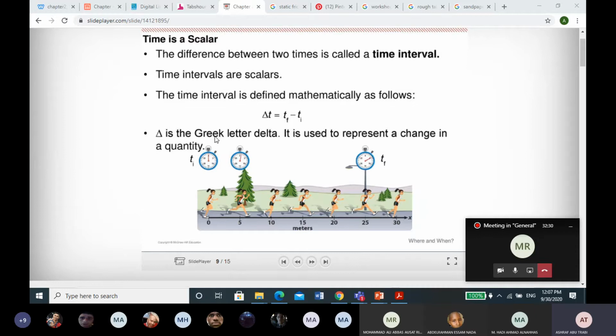So I get the separating time between starting and finishing the class. This is the time interval between two instants.